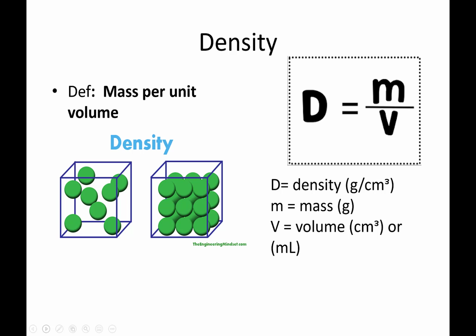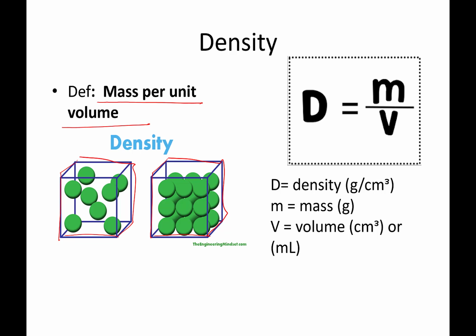There's a very specific scientific definition of density, and density is defined as the amount of mass per unit volume. It literally is in an amount of space how many molecules are packed and how tightly packed those molecules are in a particular quantity of space.